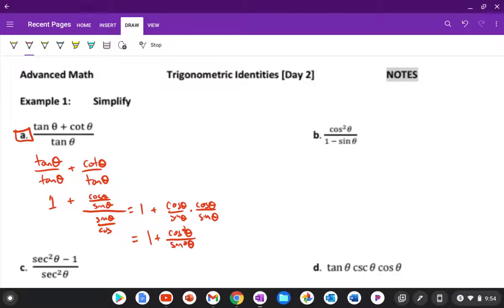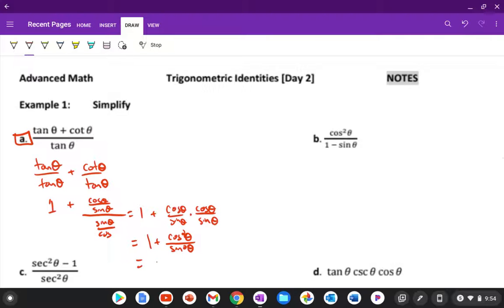All right, now we have a cosine squared over a sine squared. So if you ignore the squares and think about, well, what's cosine over sine? Well, cosine over sine is cotangent, so it would be 1 plus cotangent squared theta.